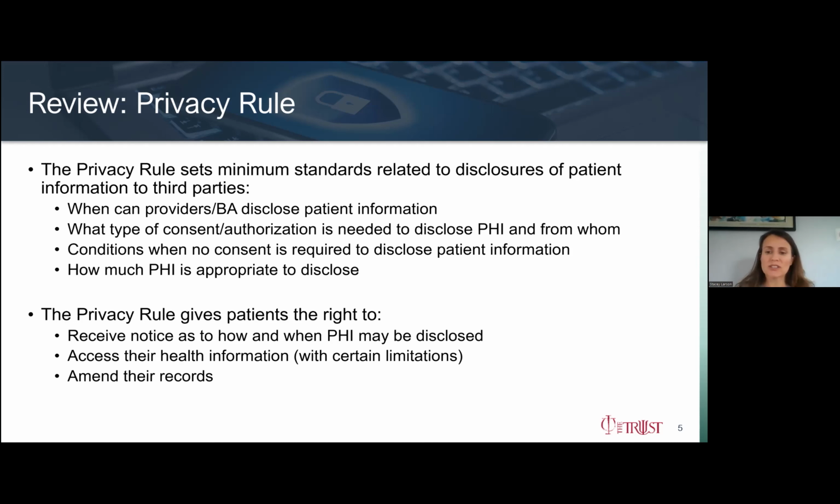And amending the records. The pertinent word here is amending, not changing. And I've gotten this question a couple of times, like, what's the difference? To me, amending means that they can update, they can add, but they can't take away. They can't change it.